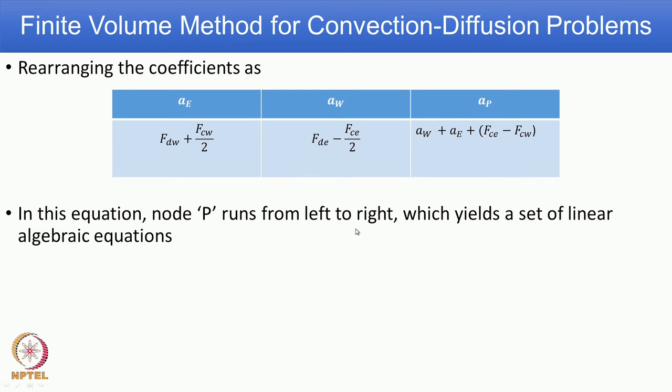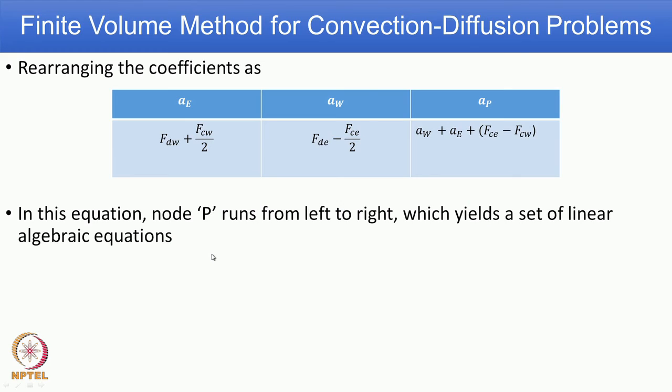As I mentioned before, node P runs from left to right. In this case it is 1D, so we say it is running from left to right. In the case of 2D, you will also run in the y direction from top to bottom, and in 3D, similarly for the third direction.